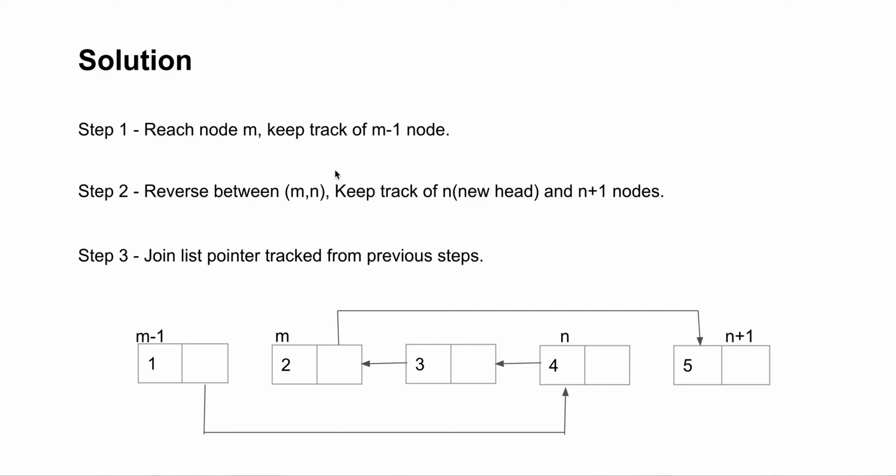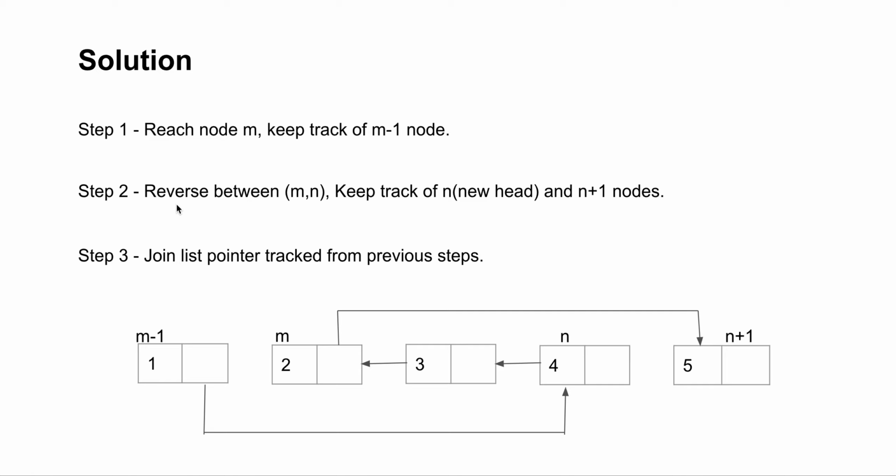This can be easily done with the help of a previous pointer. We iterate till node M and have an additional pointer previous which points to the previous node of M. We keep iterating till we reach M, and this previous pointer will point to the M minus 1th node.